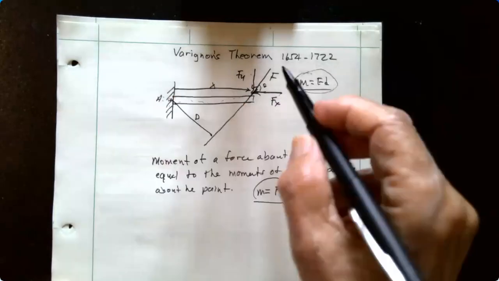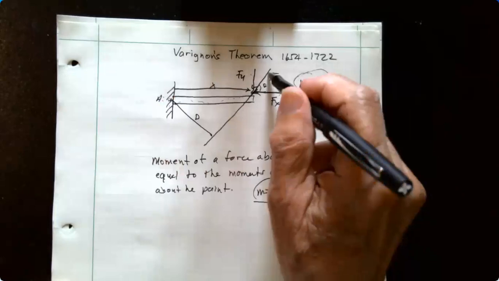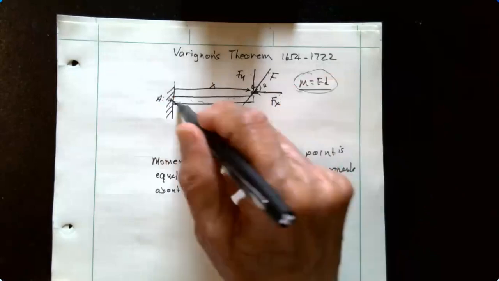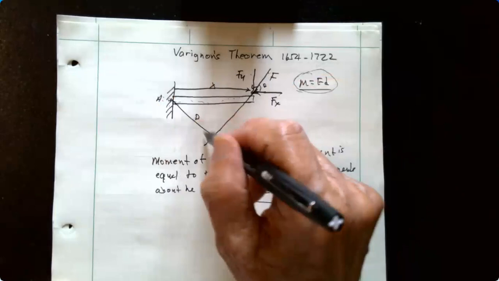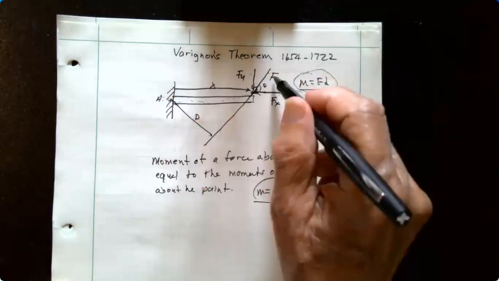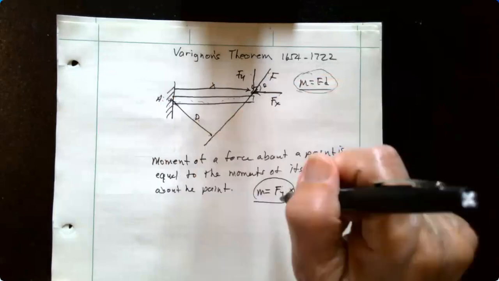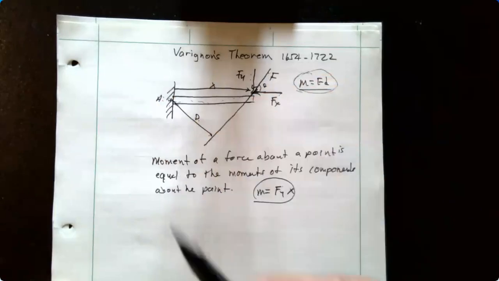It would be the same if we took the magnitude of F and this distance D, perpendicular distance. This times this is equal to this times this.